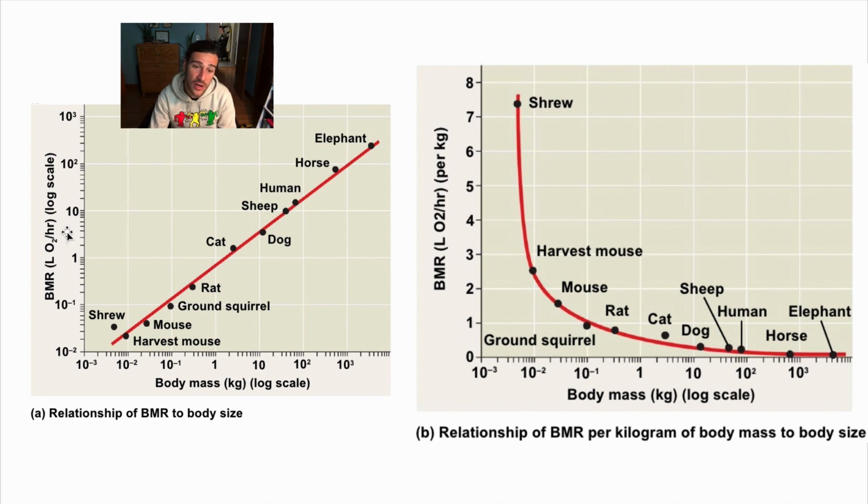But remember, this is on a log scale, right? So we have the metabolism as a function of body mass, and this is a log scale. So this is hard to depict because both of these are log. So what is this figure actually saying? Well, body mass is log over here, but this is not a log scale, and this is per kilogram.